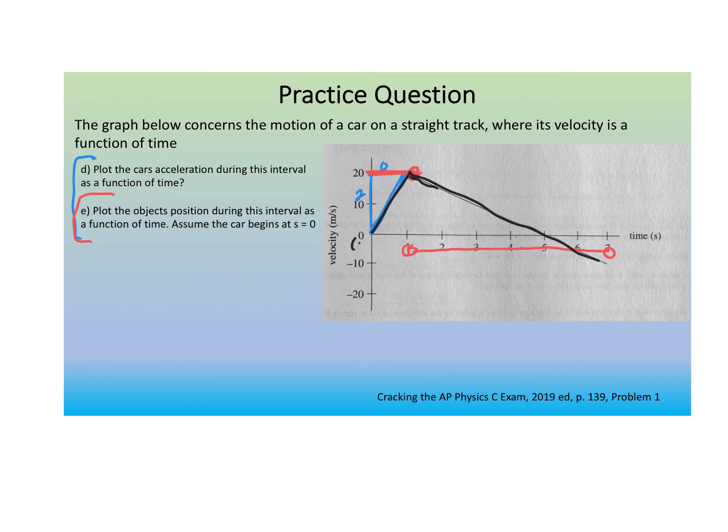So we start at the point 0, 0, we go to the point 1, 20, and then we end at the point 7, negative 10. So let's focus on this first equation right here. The slope of that line we said was 20, and it goes through the point 0, 0.